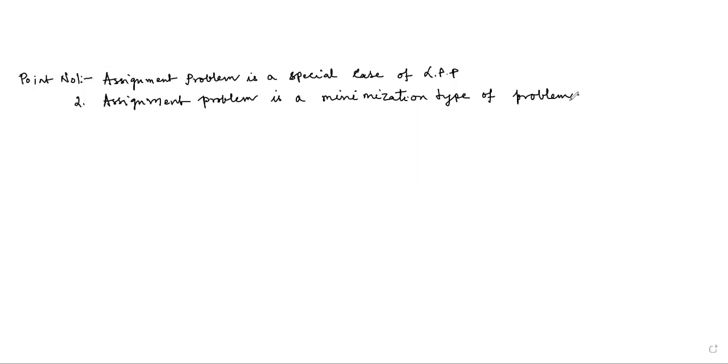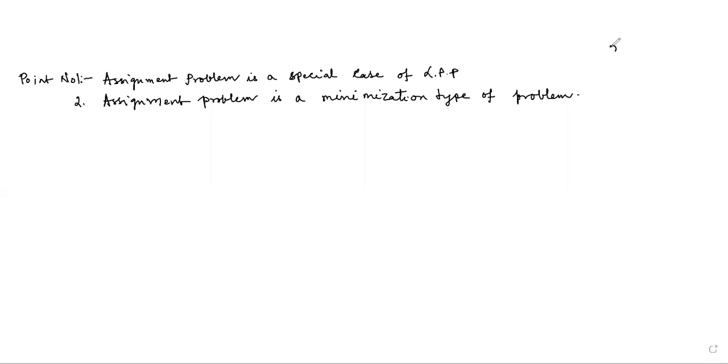Now, one more thing I would like to add to these points is that, as I told you, a linear programming problem is a kind of problem where the feasible solutions can be any real number. But in assignment problem, the variables, that means the xij's, are obtained when you assign a particular person to a particular job.